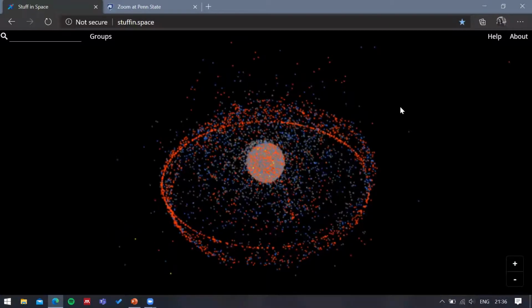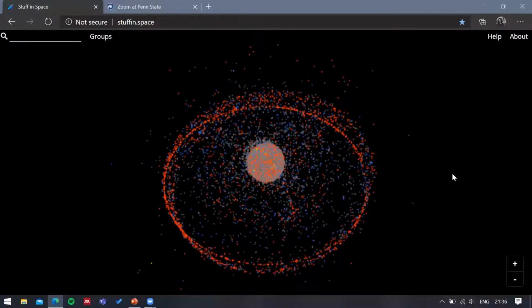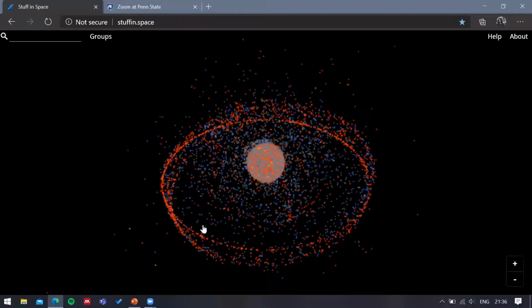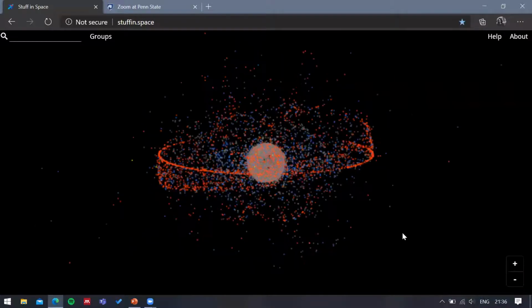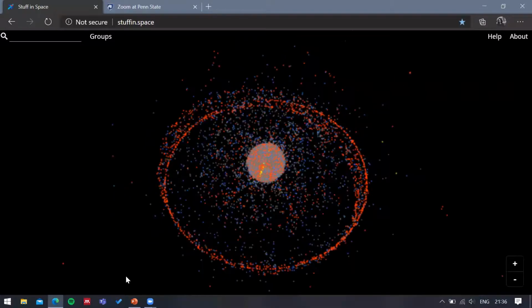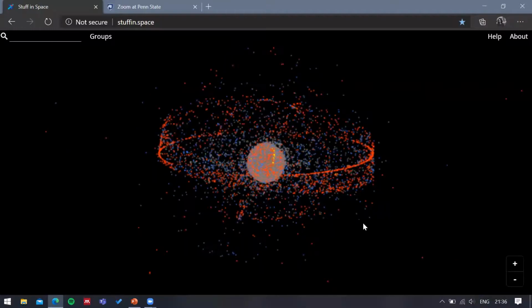So as you can see, each orbit has a dedicated purpose, and the type of orbit depends on the satellite's mission. It's very important that we make note of where we want to put our satellite, and that is based on what we want to achieve with it.